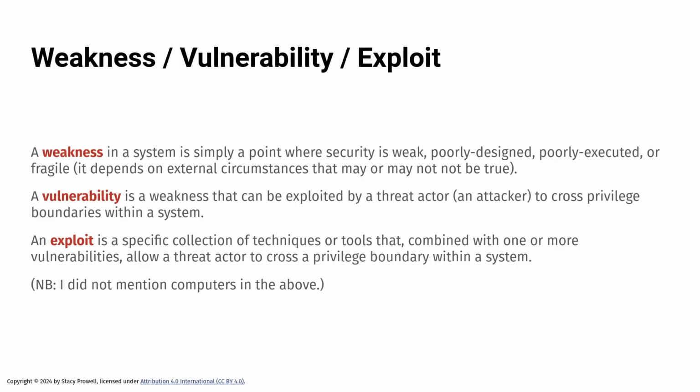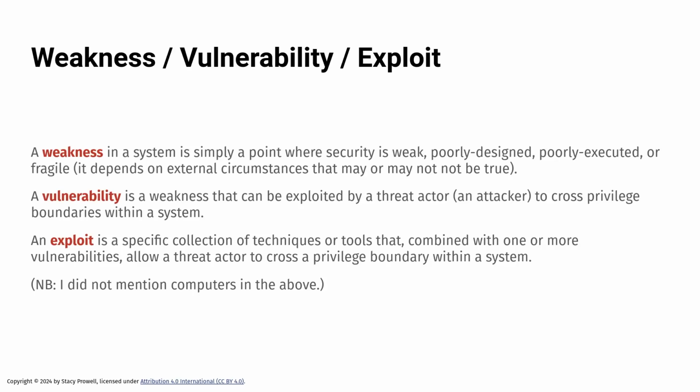You can just think of him as an attacker. Privilege boundaries? Well, for example, I should be able to add a user to my system, but you shouldn't be able to add a user to my system. It's mine. There's a privilege boundary there that separates the privileges that I, as the system owner, have, and that you, as not the system owner, shouldn't have.